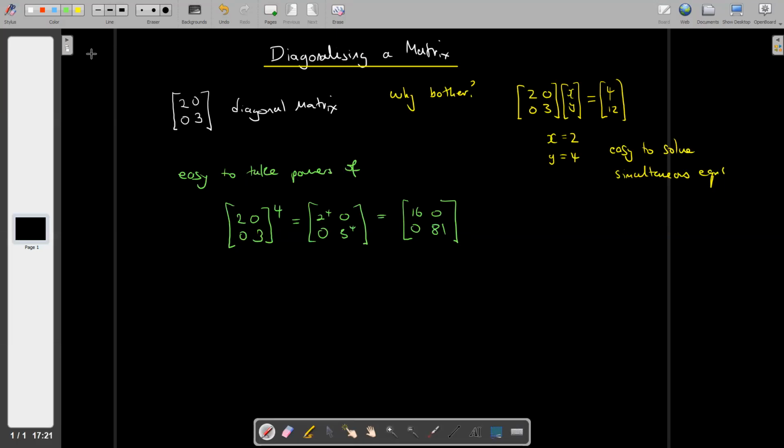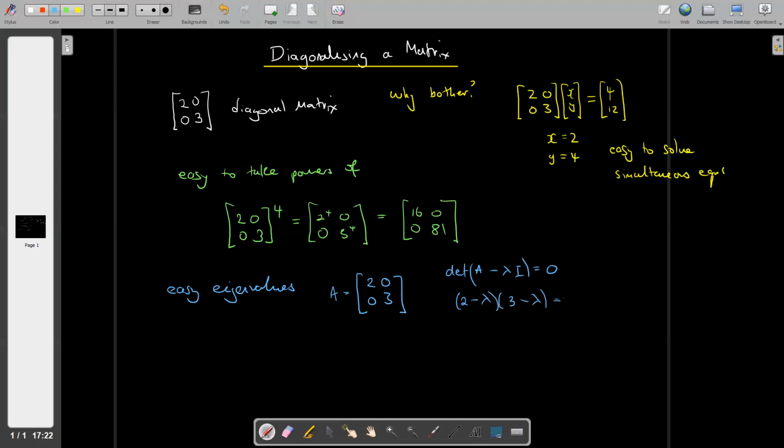What else? Another nice fact is that eigenvalues are dead simple. Stick with the same one, 2, 0, 0, 3. The characteristic equation of this will be, if I call this A, the determinant of A minus lambda I is equal to 0. That gives me 2 minus lambda times 3 minus lambda equals 0.